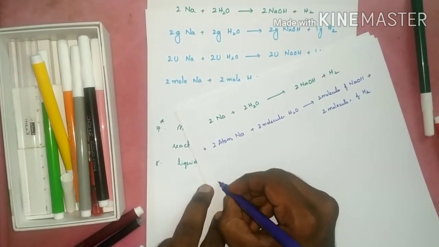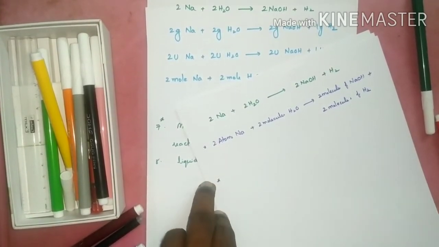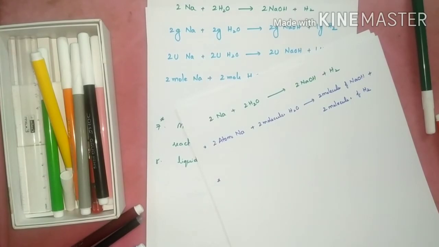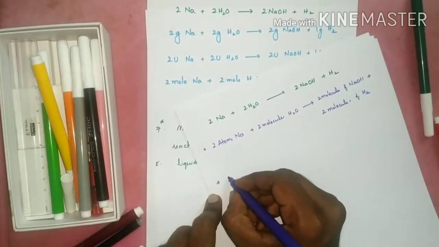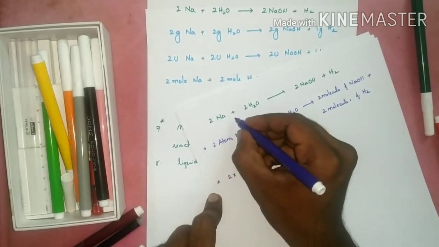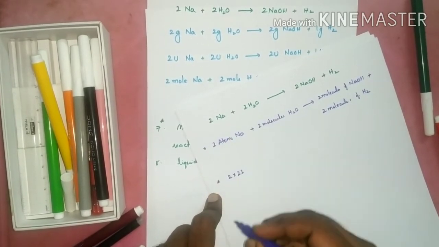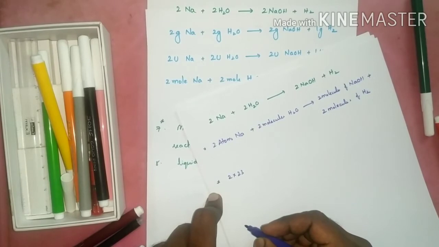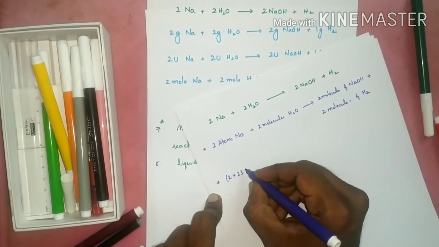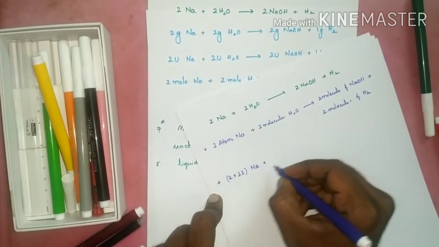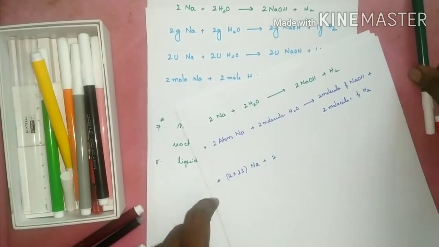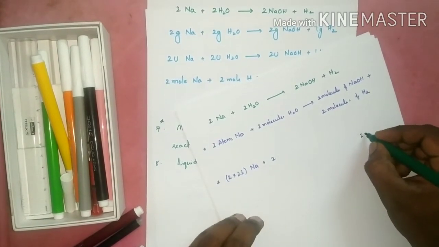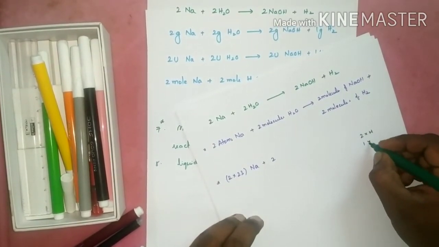Next, sodium atomic weight. What is the mass number of sodium? 23, right? So you can write here 2 times 23 is the atomic mass of the sodium, plus 2 times H2O. For the H2O molecular weight, let me do it here. 2 hydrogens, 1 oxygen.